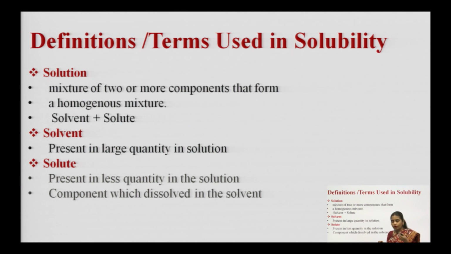And most of the drugs which have solubility problem show bioavailability issues because we know that bioavailability depends on solubility and permeability. So, now we will study some of the terms which are used in solubility.